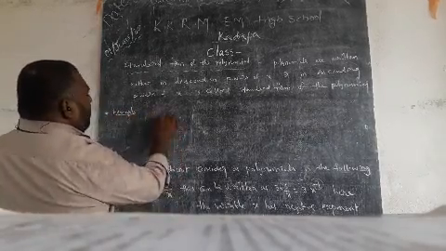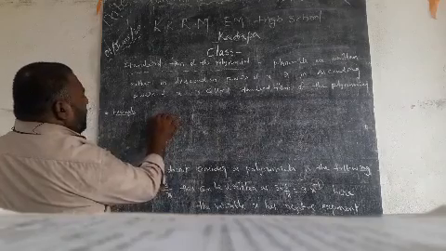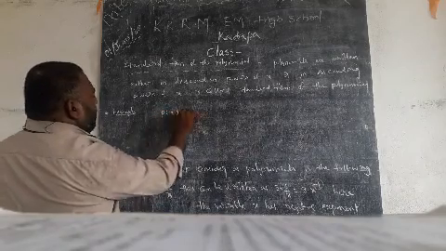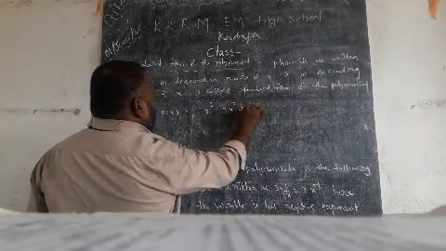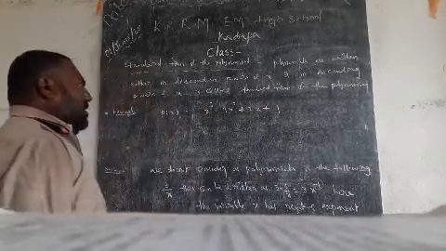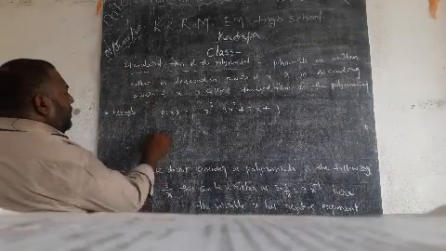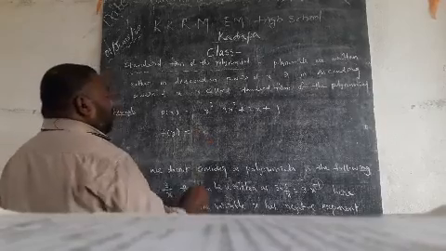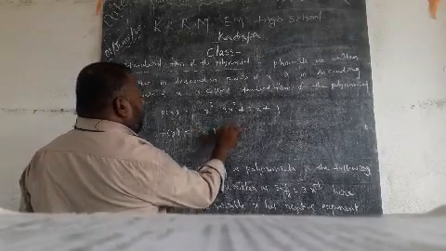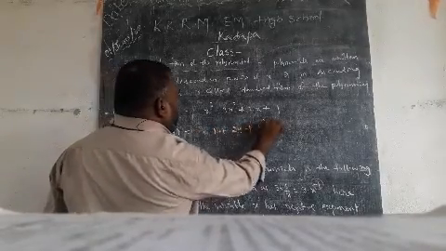For example, suppose p of x is equal to x cubed minus 3x square plus 2x plus 1, and f of y is equal to 1 plus 2y plus y square.